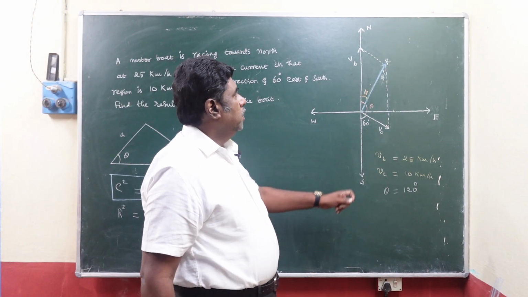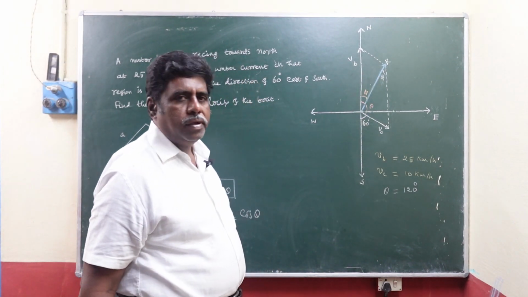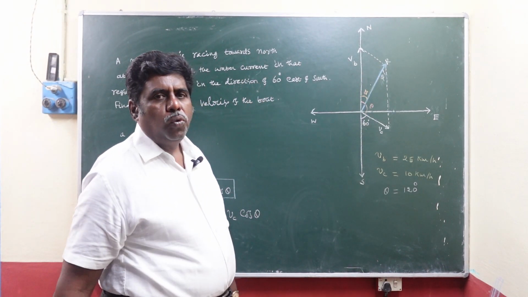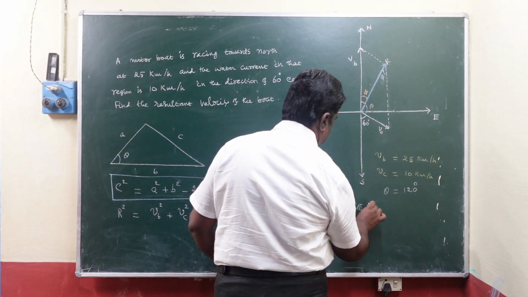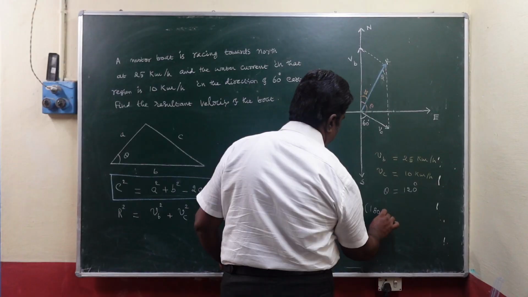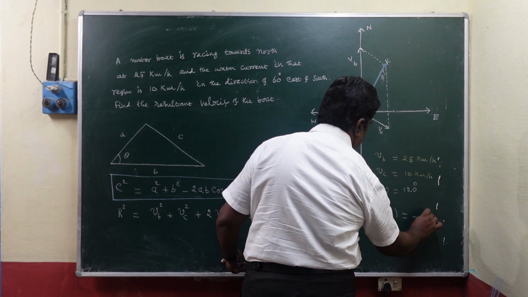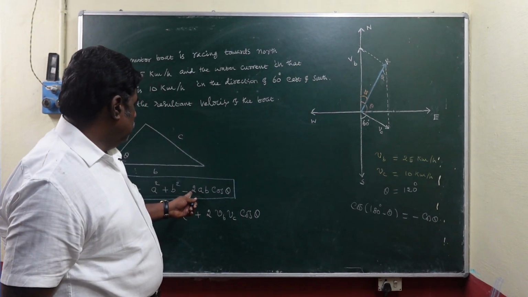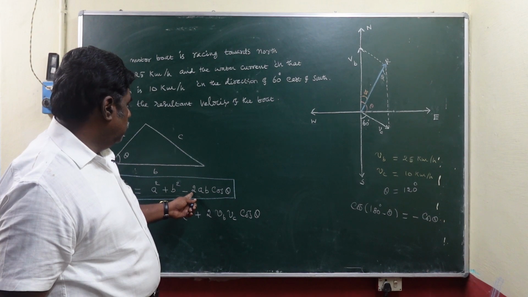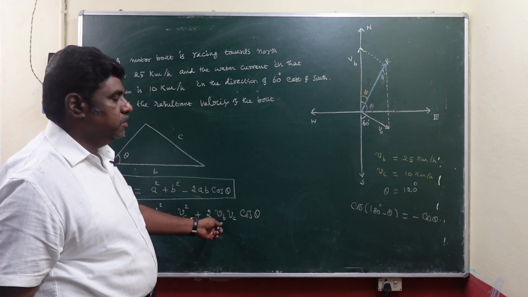Therefore, the angle opposite to the diagonal of the parallelogram is 180 minus theta. Cos 180 minus theta equal to minus cos theta. If you put minus cos theta in this formula, minus to minus, plus.